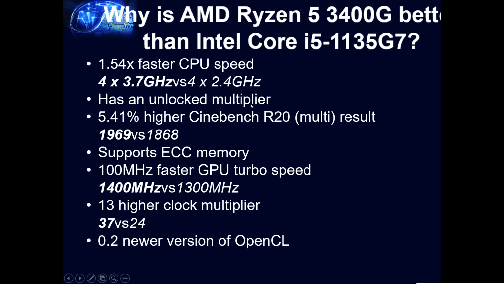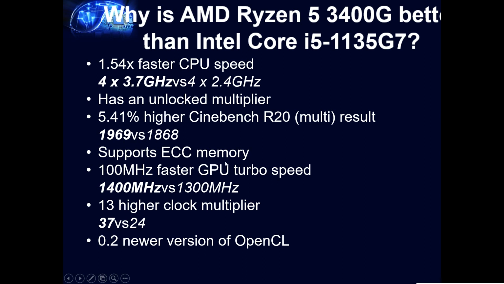Has an unlocked multiplier. 5.41% higher Cinebench R20 multi-result, 1969 for Ryzen 5 and only 1868 for Intel Core i5.